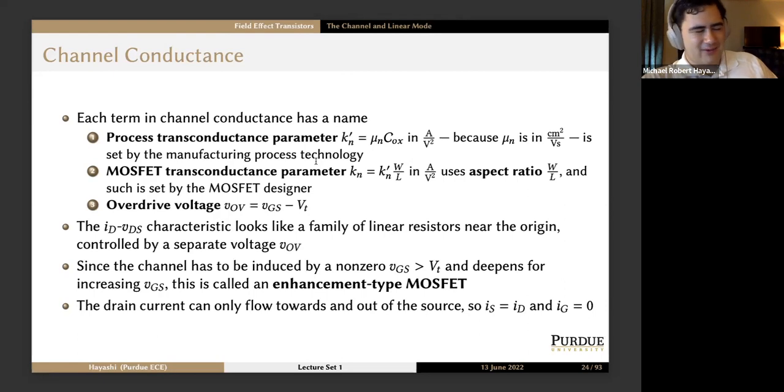So if you say, hey, we are manufacturing on a 14 nanometer process or a 5 nanometer process, you sometimes hear those terms. That means there's a certain mobility, oxide capacitance, product associated with it. The MOSFET transconductance parameter uses the aspect ratio W over L, and as such is set by the MOSFET designer. And then, of course, we have the overdrive voltage.